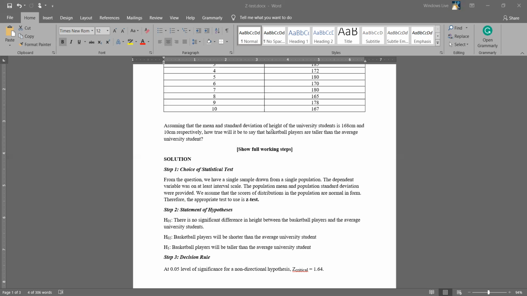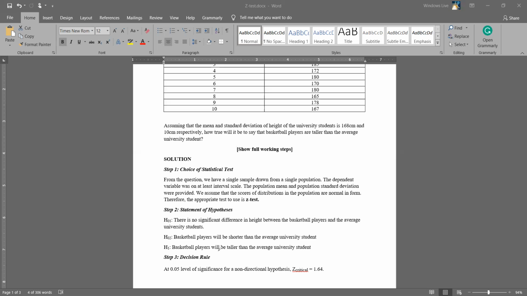And this prediction will be for your H1, which is the alternative hypothesis. And you know a hypothesis is supposed to be in a statement form. So you're supposed to put it in a statement form rather than in a question. And we are making a prediction, so it should be in future tense. So you make it: basketball players will be taller than the average university student.